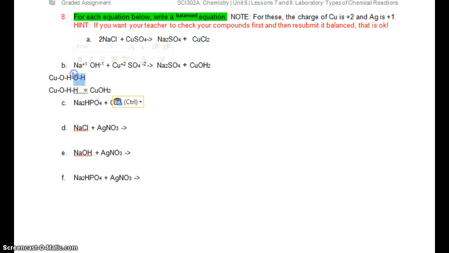But I need 2 copies of the OH, and so that is why we have parentheses. All right. Okay, so now let's balance our chemical equation.